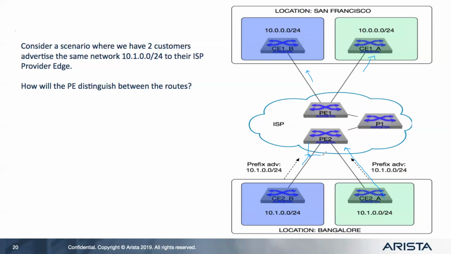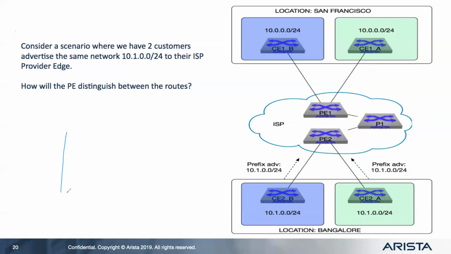We need to place a separate router for each customer. If you have an ISP and hundreds of customers, you need to use a different router for each customer to keep these routes isolated, which is not feasible. That's why the concept of VRF comes into place, where you can have a single router or switch, but different unique routing tables for each VRF. So that's how this is useful.